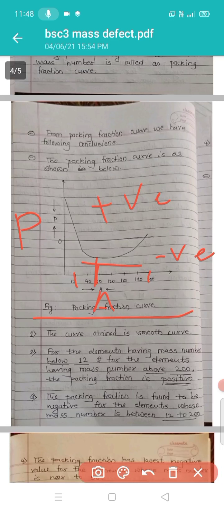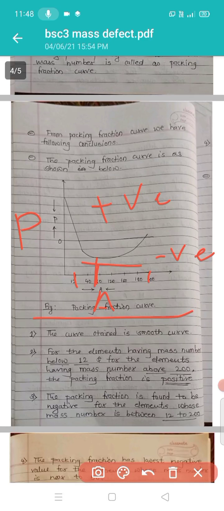On the other hand, the heavy elements having mass number greater than 200 also have positive packing fraction, and these heavy elements are found to be suitable for fission reaction. So, light elements are suitable for fusion, and heavy elements are suitable for fission.